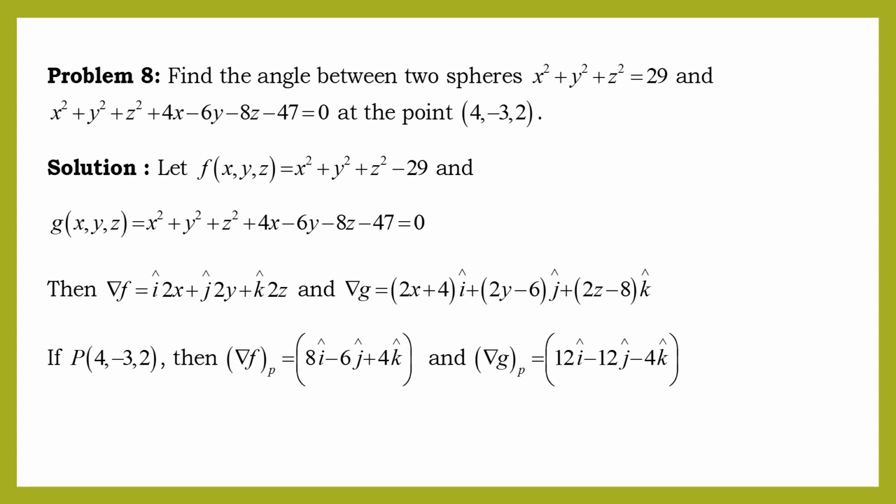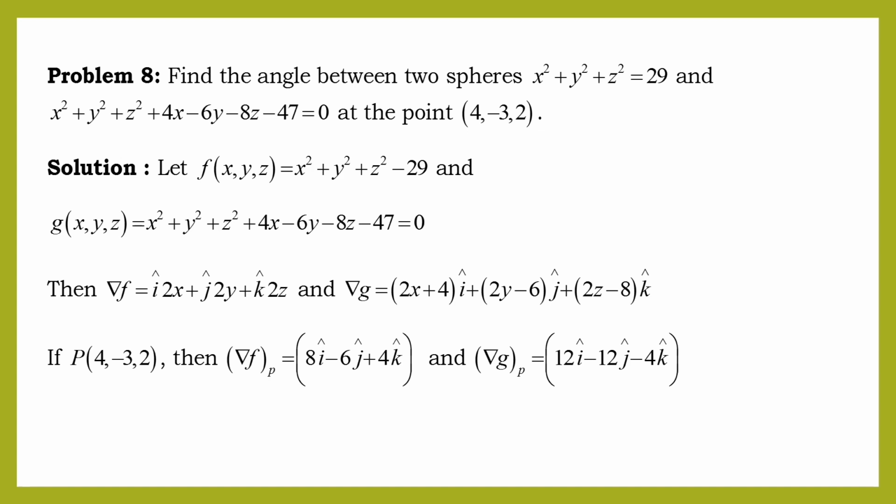Let p equals 4, minus 3, 2, which is our given point. To find out the angle between f and g, first we have to find out the gradients of these two surfaces f and g. Let us first find out the gradient of the first surface f.